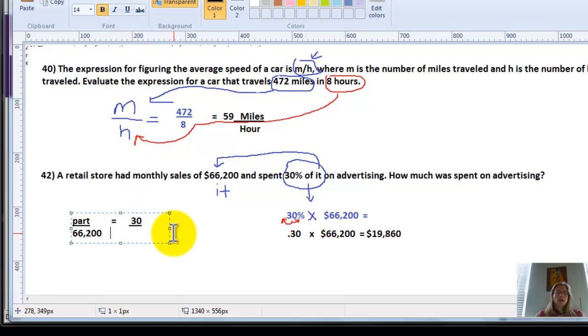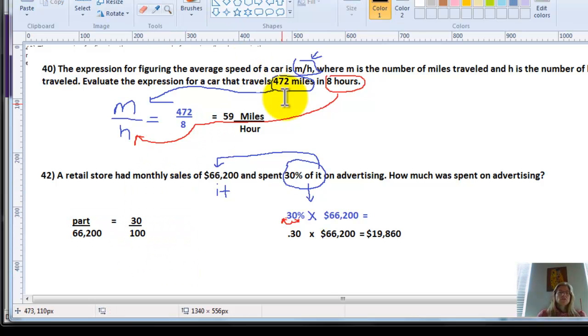And when you do that, you don't need the percent sign anymore. Since it's a proportion, you solve as a proportion, and we should end up with the same number.